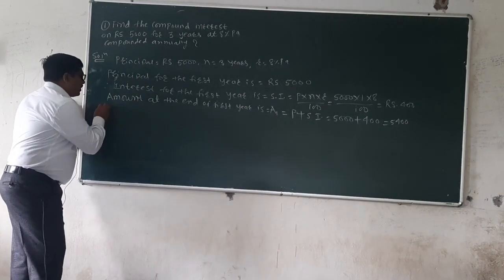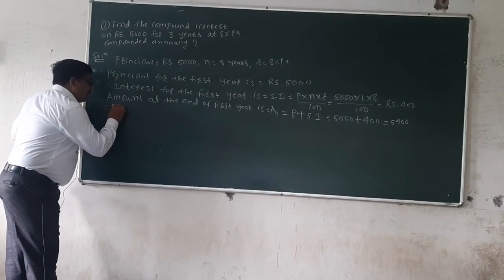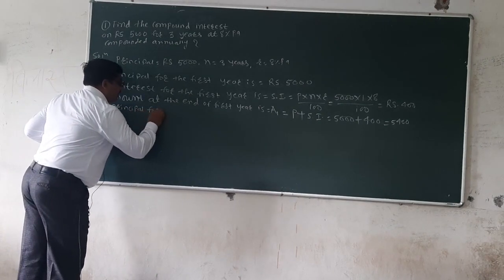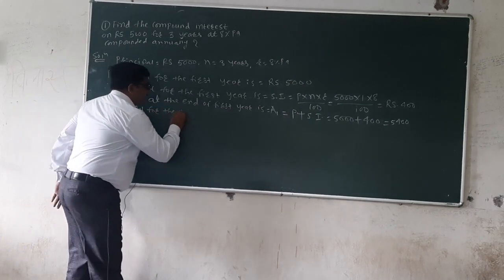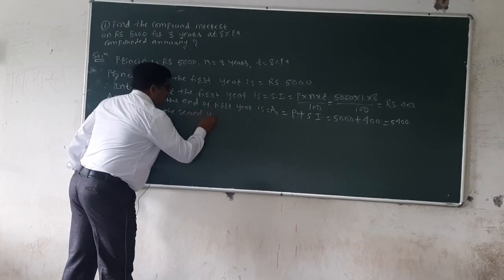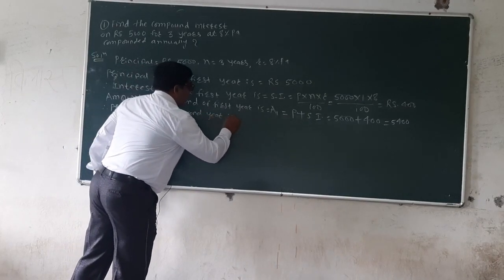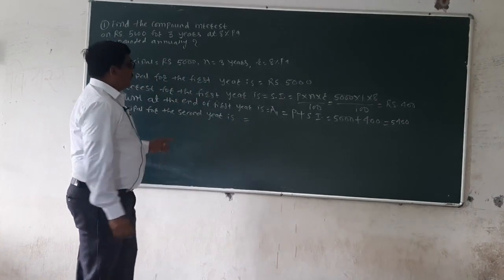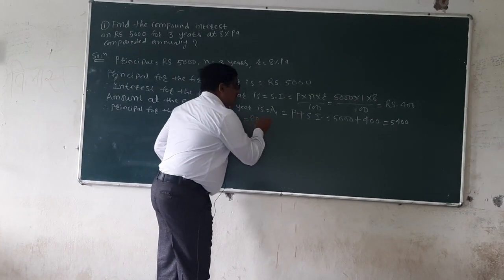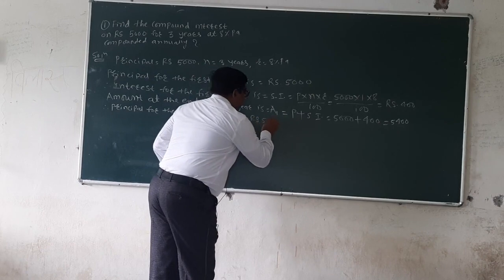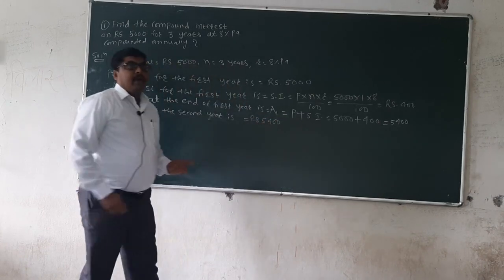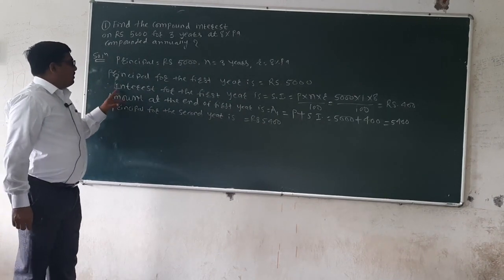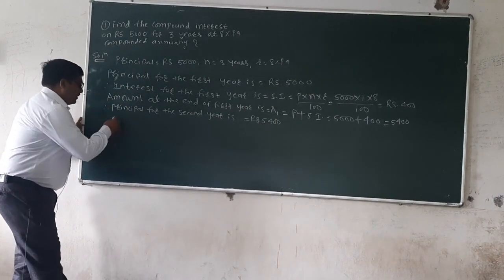So, therefore, principal for the second year is rupees 5,400. Now again calculate the simple interest for the second year.